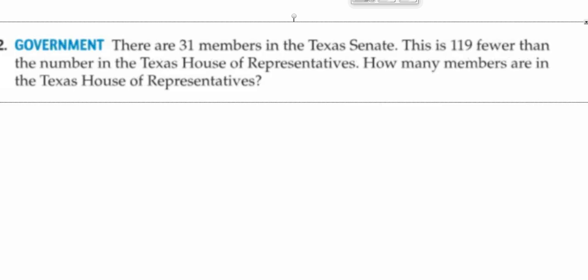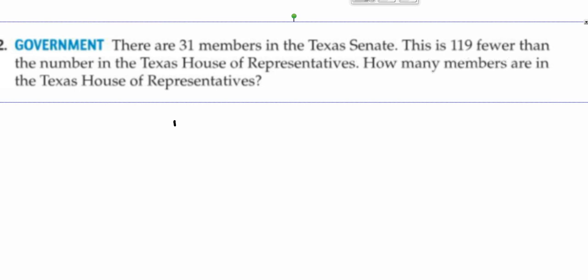All right, so government: there are 31 members of the Texas Senate. This is 119 fewer than the number in the Texas House of Representatives. How many members are in the Texas House of Representatives? Well, we know that we're looking for the Texas House of Representatives, so we need a variable.